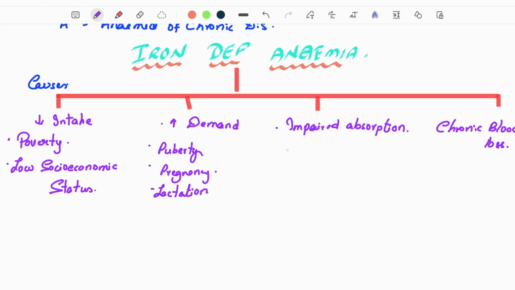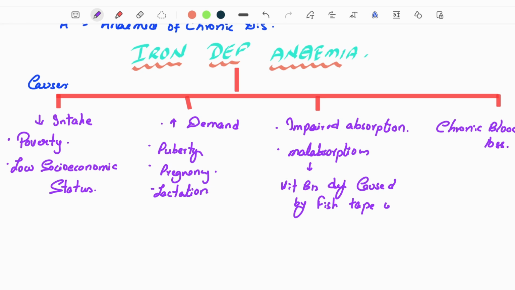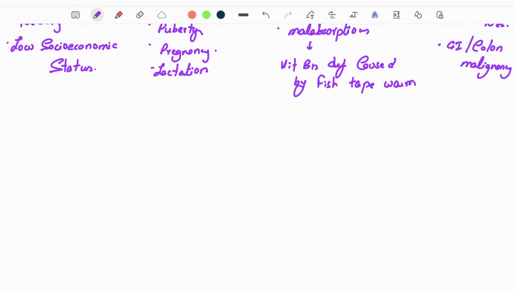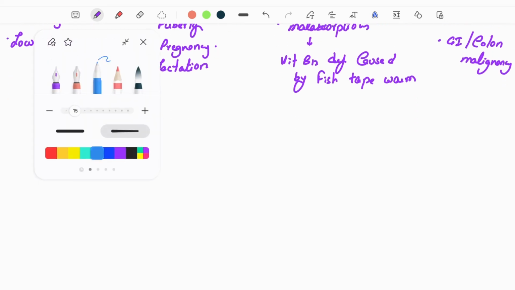In the third one, it may be due to impaired absorption, malabsorption syndromes, or vitamin B12 deficiency caused by fish tapeworm, or in chronic blood loss, for example in GI or colon malignancy. And there are some reasons in which we can get worm infestations.